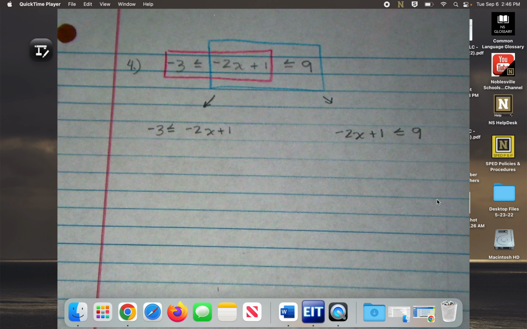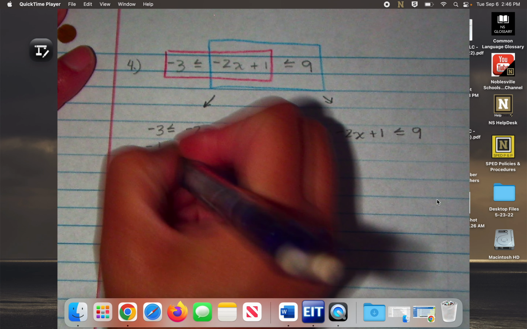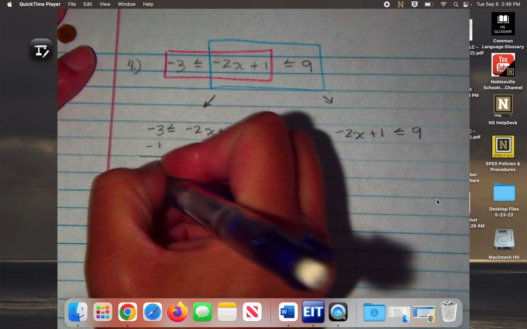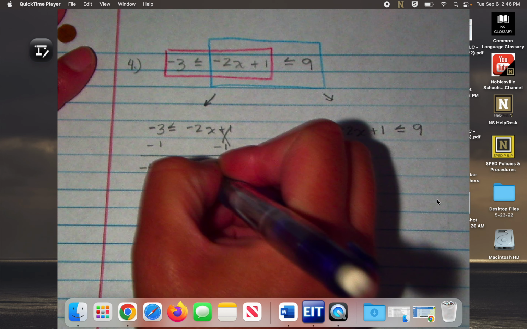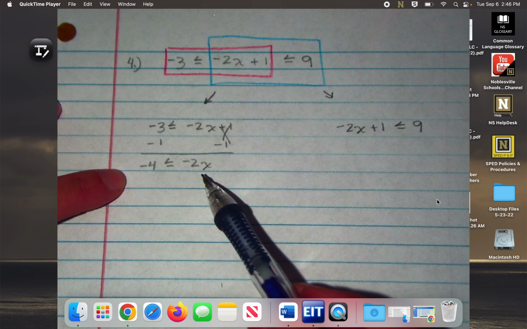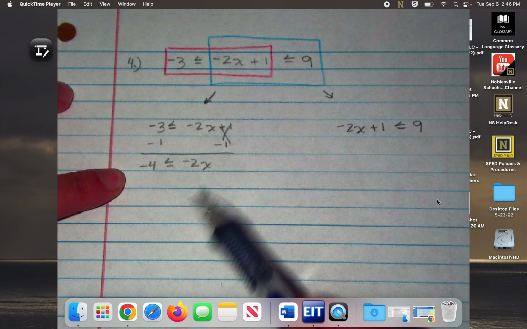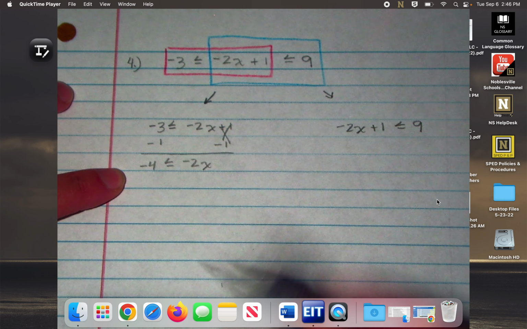I rewrite both inequalities. I solve the inequalities. I'm going to subtract 1 from both sides. Anybody want to tell me what's going to happen here? It's going to flip because I have a negative 2.